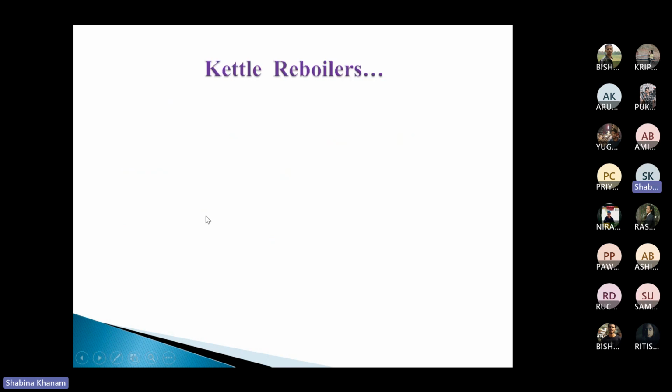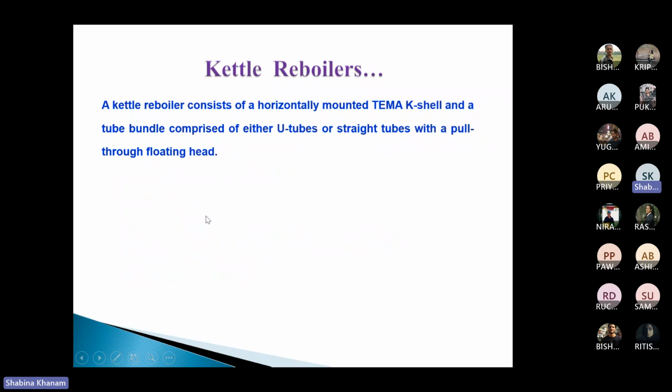kettle reboiler. When we consider the kettle reboiler, it is named kettle, and you understand the functioning of a kettle, right? The surface which is available for boiling is completely submerged in the liquid.